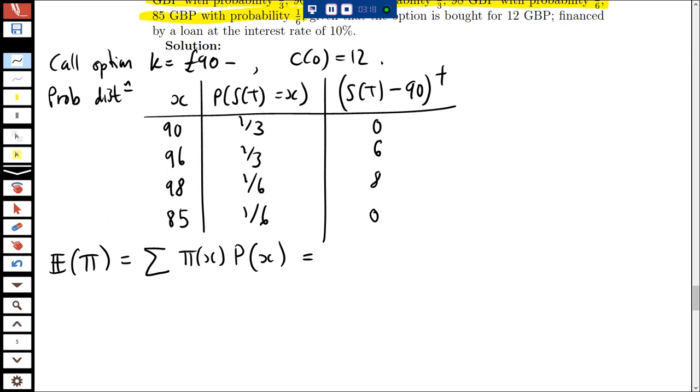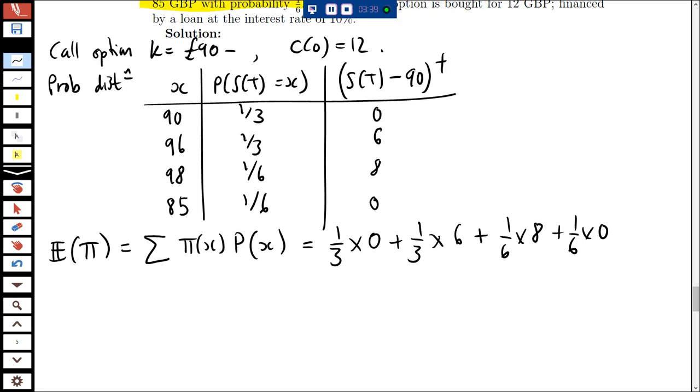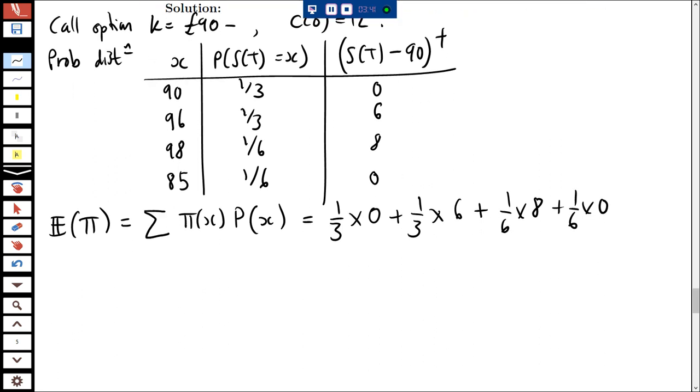So there's a 1/3 chance that the value is 0, a 1/3 chance the value is 6, 1/6 of a chance the value is 8, and 1/6 of a chance the value is 0. Need to be careful here, I'm not dealing with costs. So this is just the payoff.